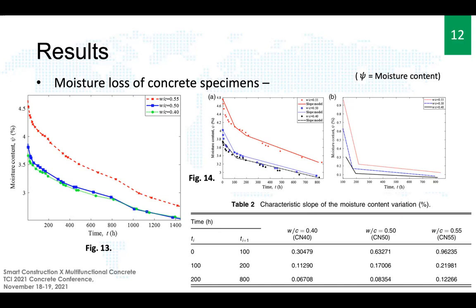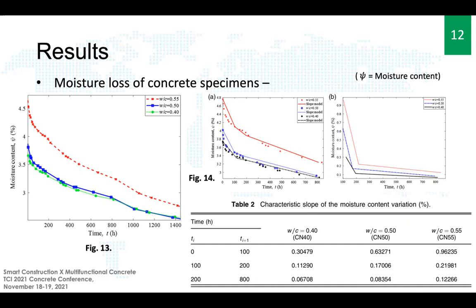If we look at the result in Figure 13, it shows the moisture loss over time for 3 different concrete specimens, with 0.4, 0.5, and 0.55 water-to-cement ratios. In this process, we also noticed that the change of the moisture can be modeled by a bilinear pattern.